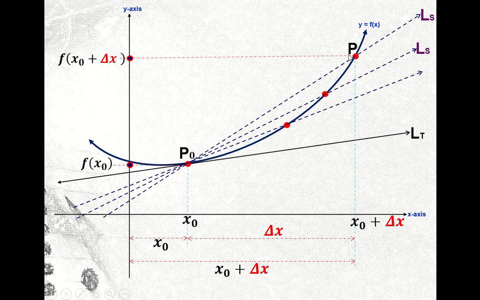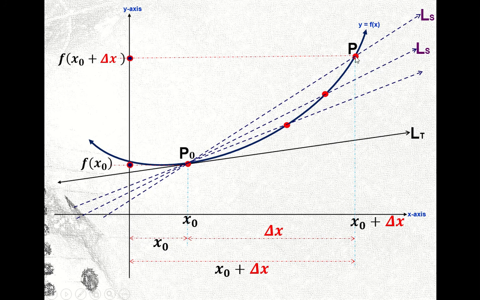Okay, so as we move farther, our secant line is approaching the tangent line. So notice here that our delta x is decreasing. Alright, can you see it? First our point is here, point P. Then we have here delta x.